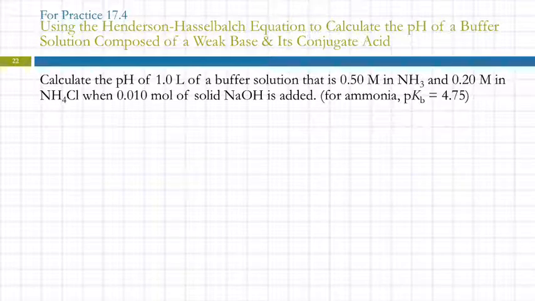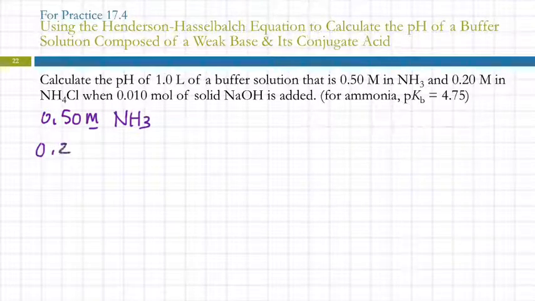Okay, we're going to calculate the pH of this weak base buffer solution, and we're going to use the Henderson-Hasselbalch equation. So we've got 0.50 molar NH3, and we've got 0.20 molar ammonium ion.